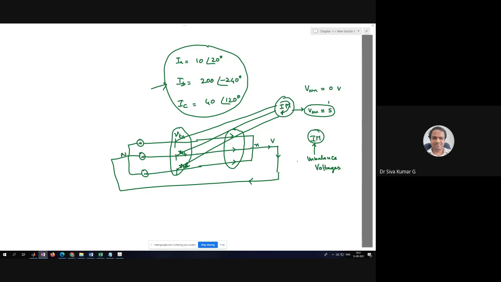In the induction motor, we expect a smooth torque, a smooth running operation. We'll be getting a pulsating torque. The pulsating torque will tear out the bearings if you allow the voltage unbalancing system. That is also leading to a problem.